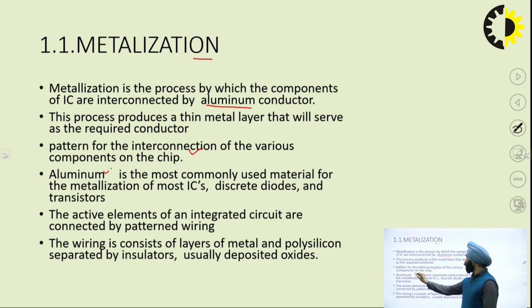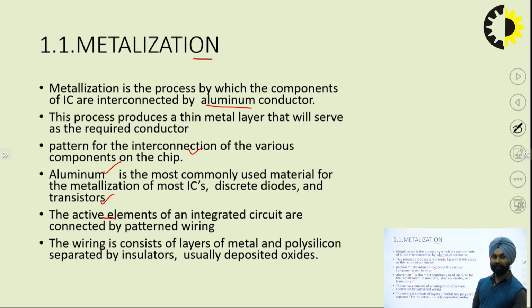Aluminium is the most commonly used material for the metallization of most ICs. For example, discrete diodes and transistors are created on the devices, and then to connect these different devices, the active elements of the ICs are connected by pattern wiring. This pattern wiring is done through the metallization.